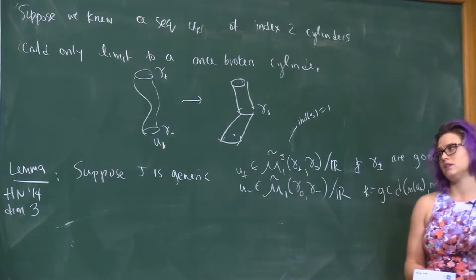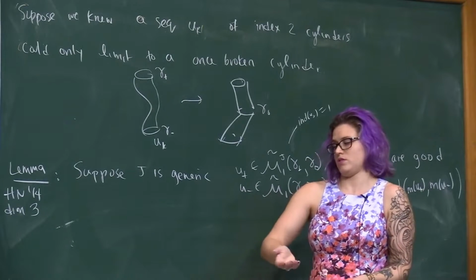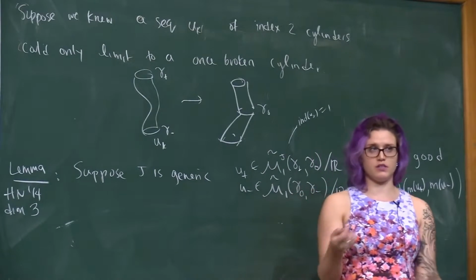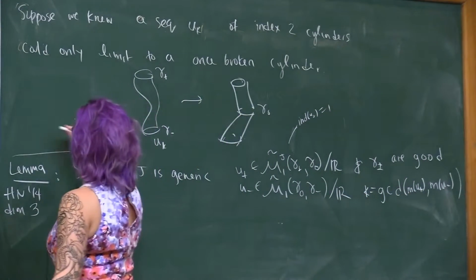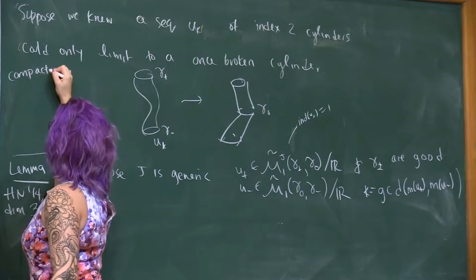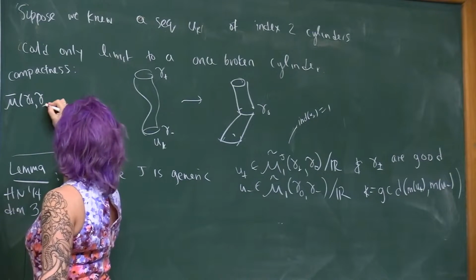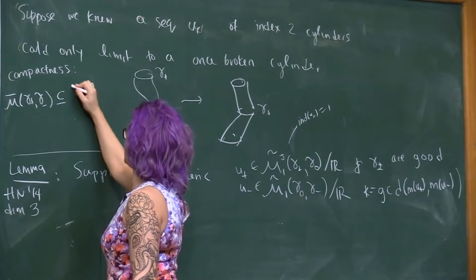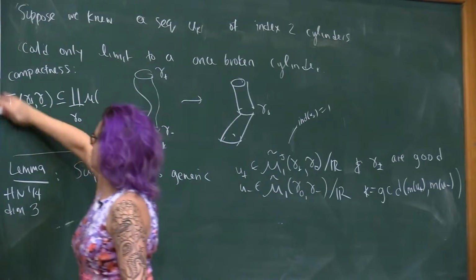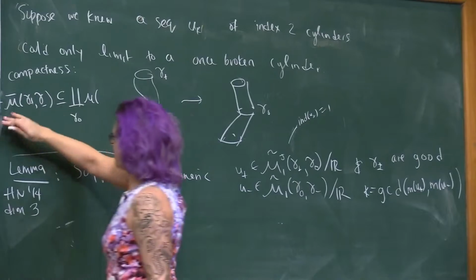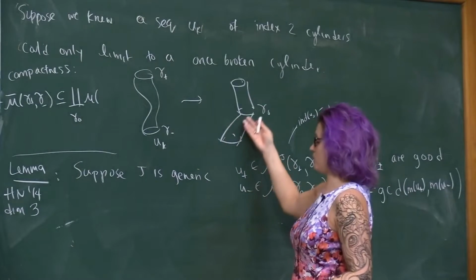The way that you do that is you have some compactness argument, some understanding of what the compactification of a moduli space of pseudo-holomorphic curves looks like. Compactness will tell you that if you compactify this space from gamma plus to gamma minus, it will live in the disjoint union over all gamma nought, and you want this to be the boundary. So the boundary of this compactified moduli space just consists of once broken curves.